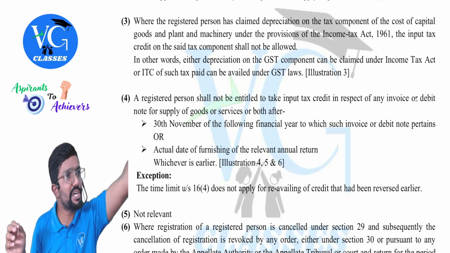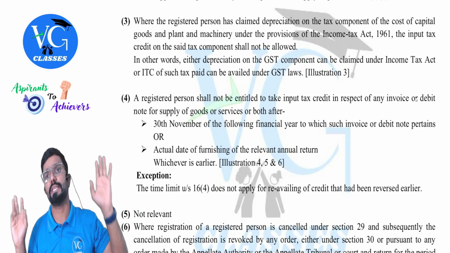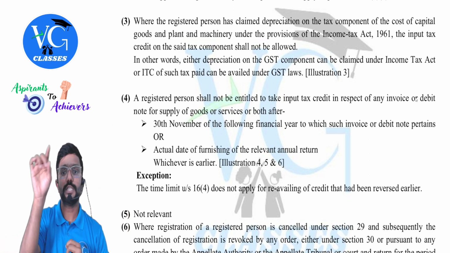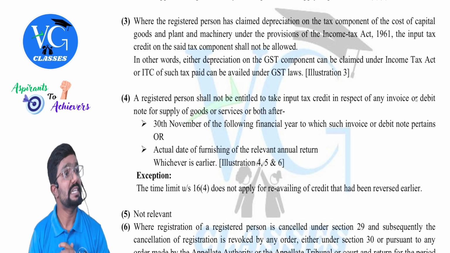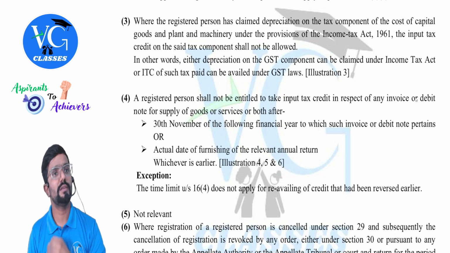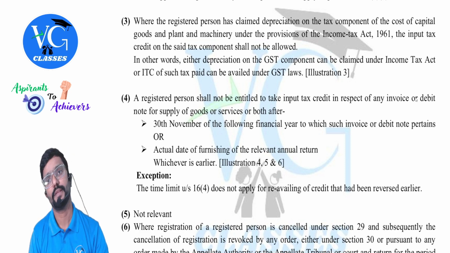Either you claim depreciation in income tax or you claim credit in GST, but not both. So you can just mention here, R/W, read with. Above that subsection 3, you write: read with section 43 subsection 1 of the Income Tax Act.